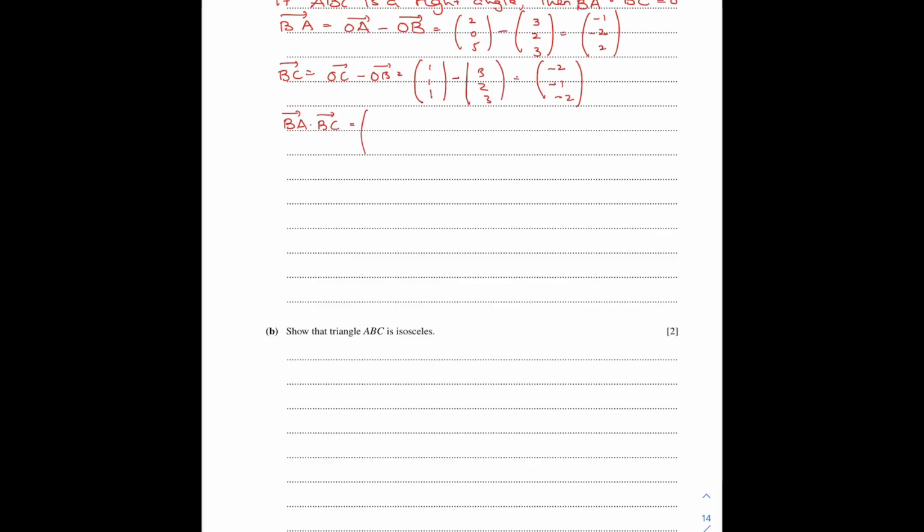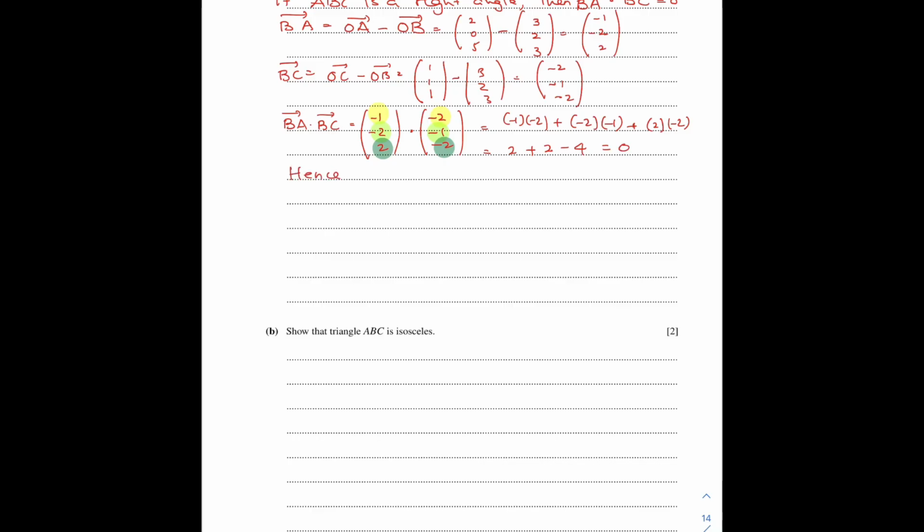Let's try the next part. I need BA dot BC. Negative 1, negative 2, 2 dot negative 2, negative 1, negative 2. Negative 1 times negative 2, plus negative 2 times negative 1, plus, it's like that, this times that, then that times that, and then that times that.